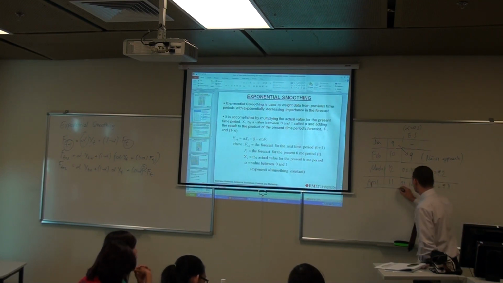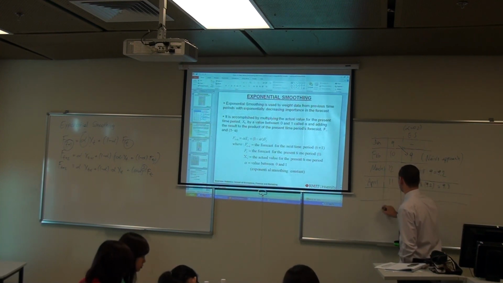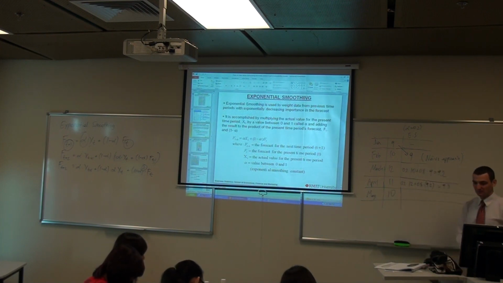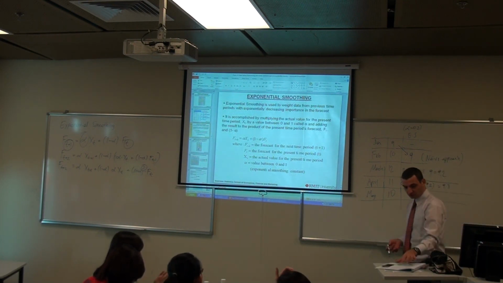Okay, can you calculate May? After April comes May. Suppose May is 10. Calculate May. So the time is almost finished, but I want to finish all the chapters so we can continue next class.